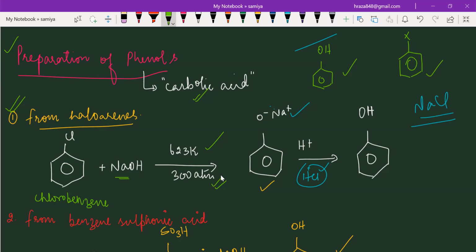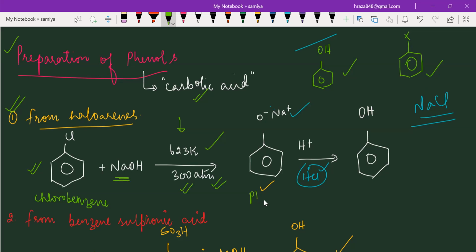The condition is quite drastic. You can see the temperature is too high and pressure is also too high, because chlorobenzene is already very stable. So in order to react NaOH with the chlorobenzene, we need this extreme condition.